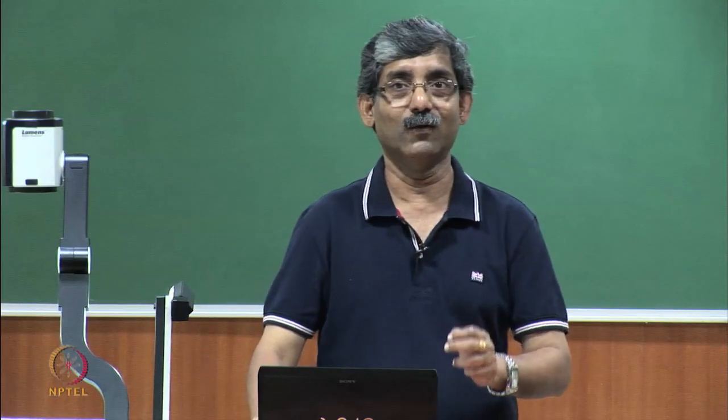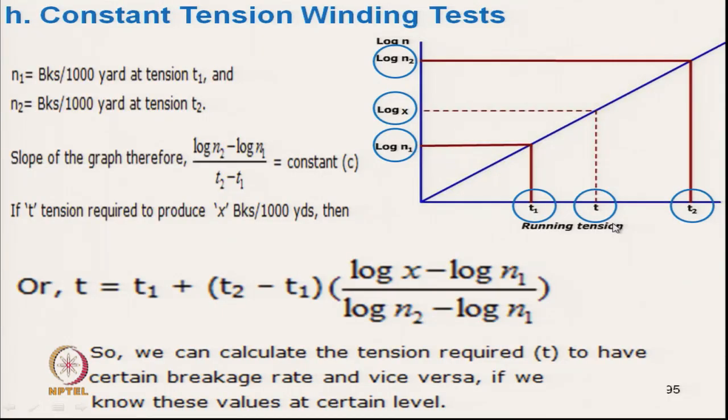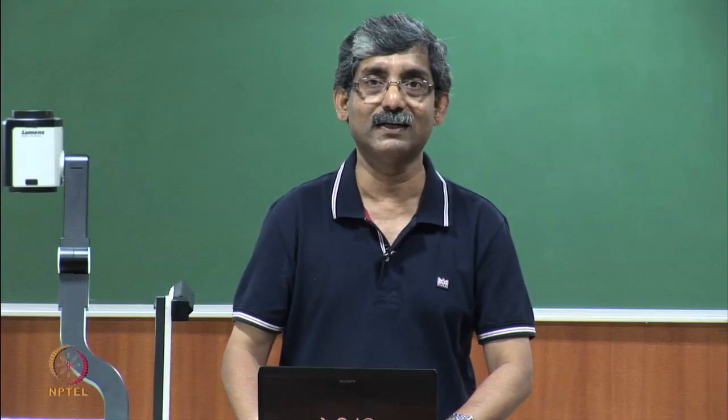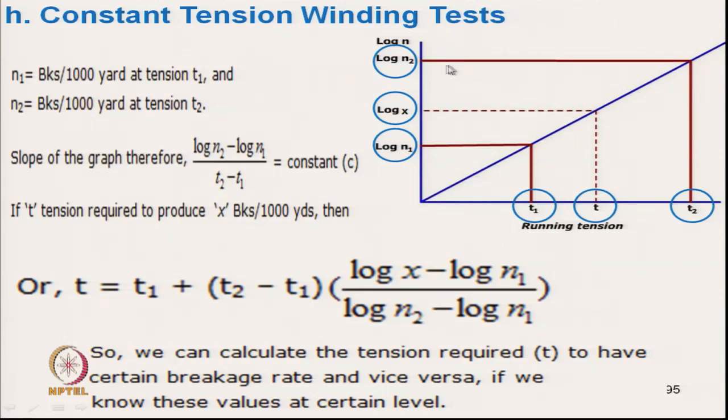We can come to know the probable breakage there. If we set the tension T, then we know there will be x breaks per 1000 yard. So from there we can predict, and this will give us a clear idea of the performance of yarn during running.